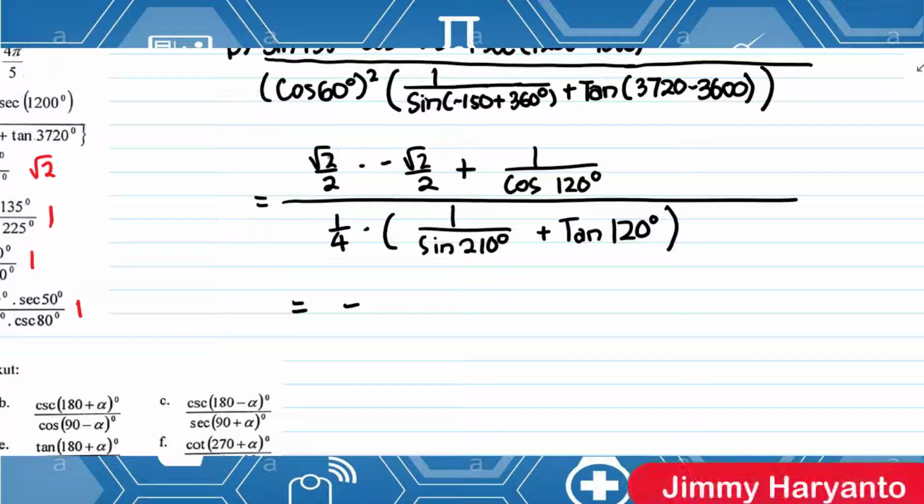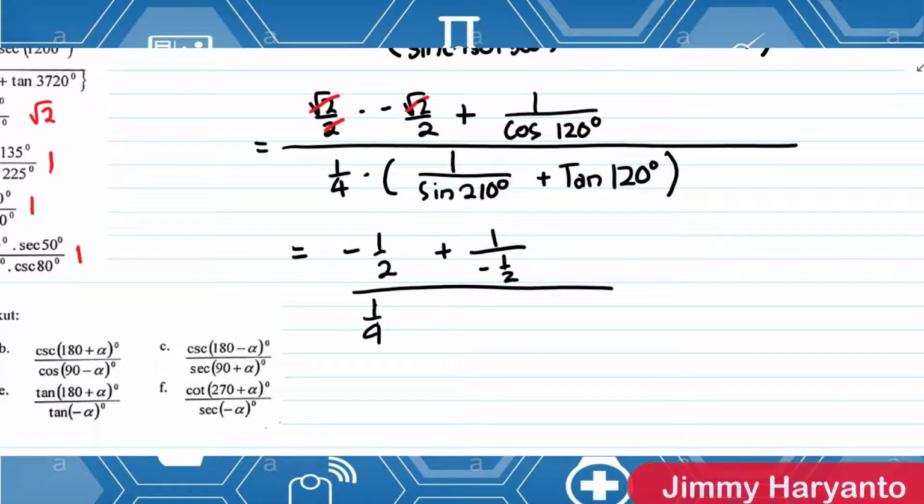So square root of 2 is 2, cross out, negative half, plus 1 over 120, negative half, over 1 over 4 times sine 30, negative 1 over sine 30 half, and then plus tan 120. Tan 120 is negative square root of 3.